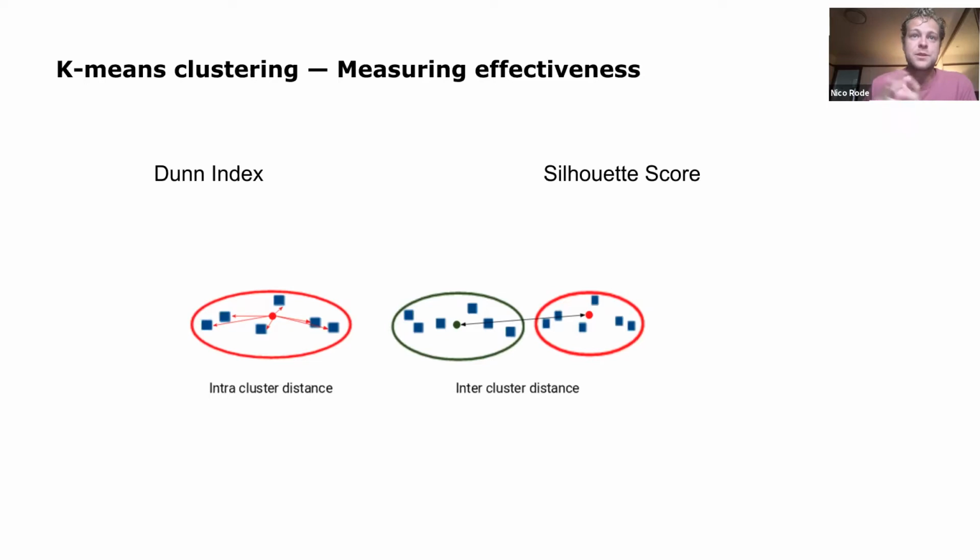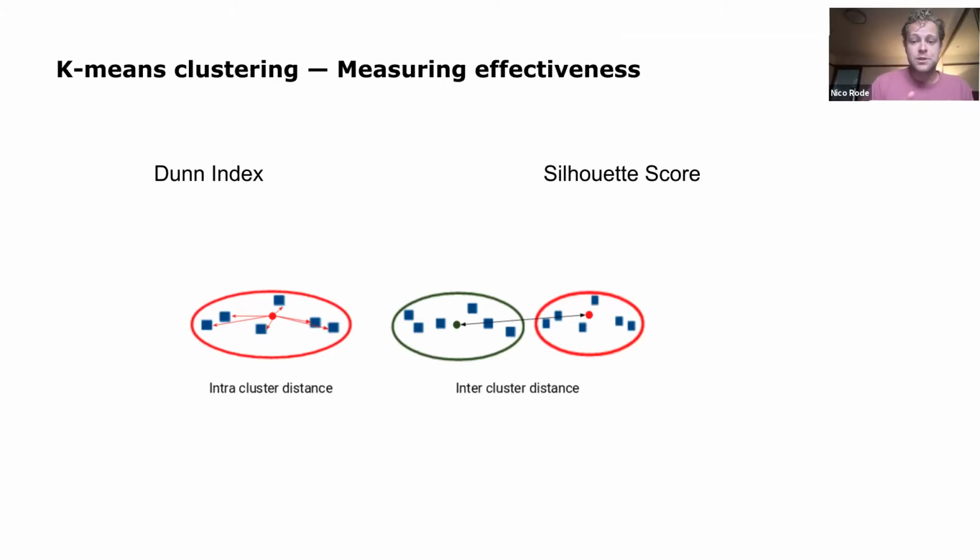Yeah, versus the silhouette score, which is the opposite. It's a measure from -1 to 1. 1 means you have great clusters. They're small, compact, and distinct from each other. 0 is basically insignificant; your clustering doesn't make much sense. And -1 is basically the inverse: you've assigned wrong clusters.